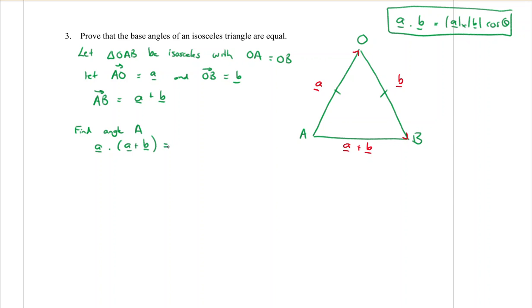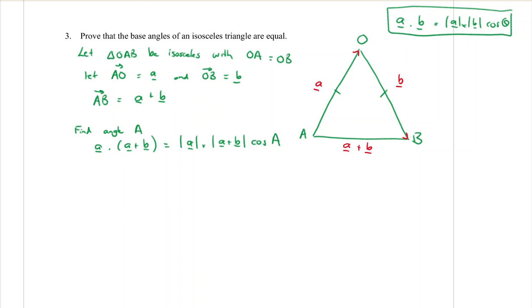Okay, that's going to be equal to the length of A times the length of A plus B times cos of the angle in between them, which was A.